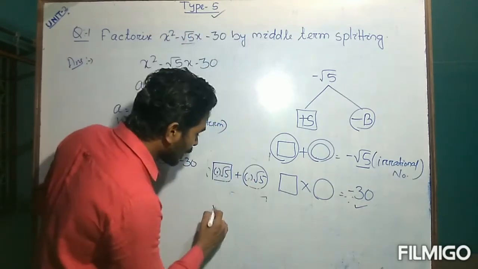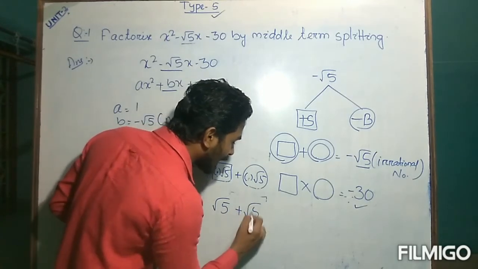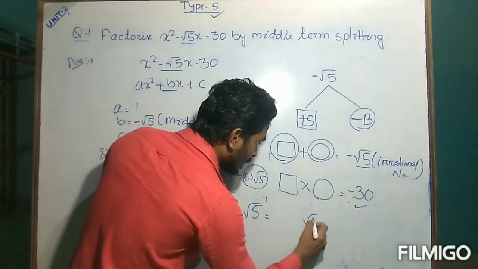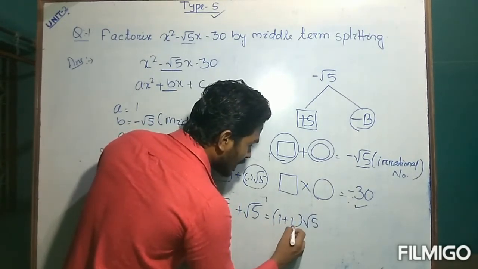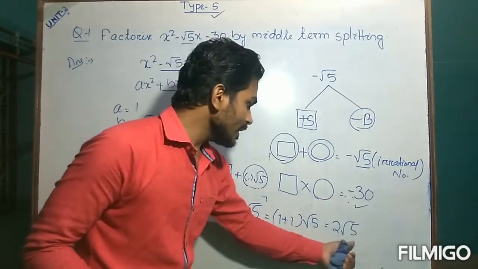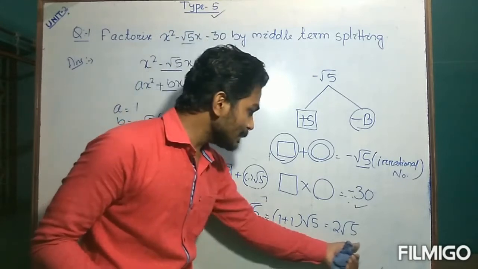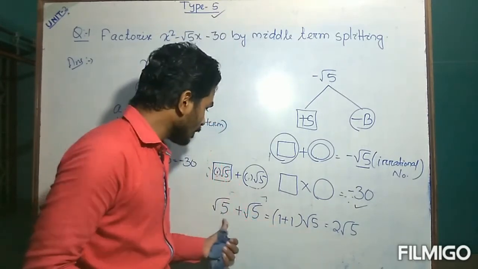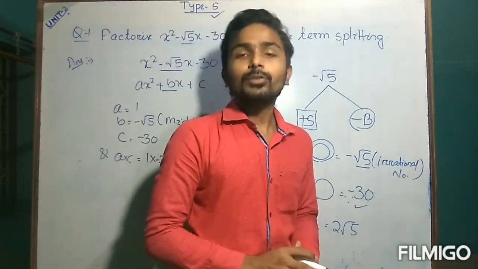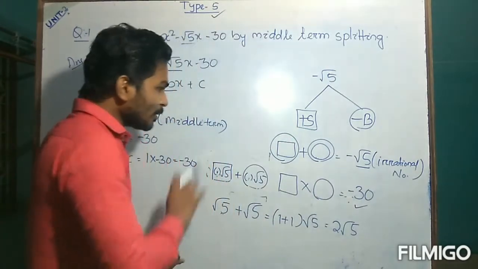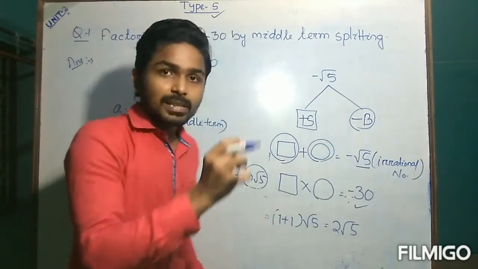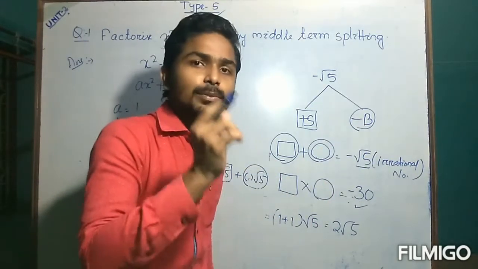Because whenever root 5 is added with root 5, root 5 is taken as common, and here 1 plus 1 is 2 root 5. Now you see in the addition it also gives root 5. Whenever two irrational numbers having the same square root are added, they give the same irrational number. So it is now clear that these two numbers must be irrational numbers having the same square root.